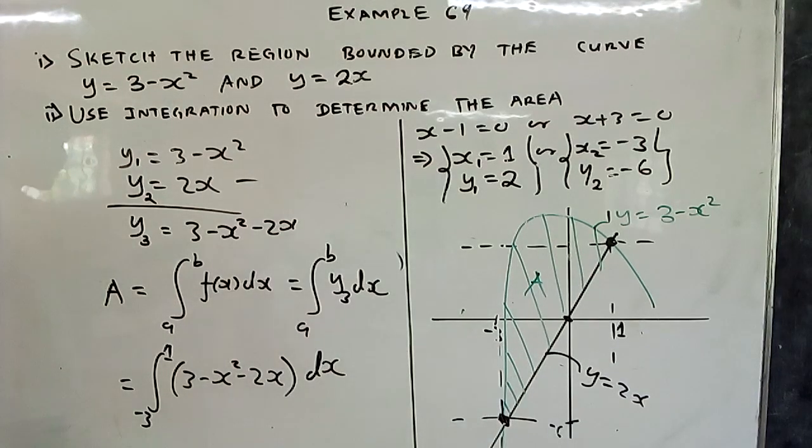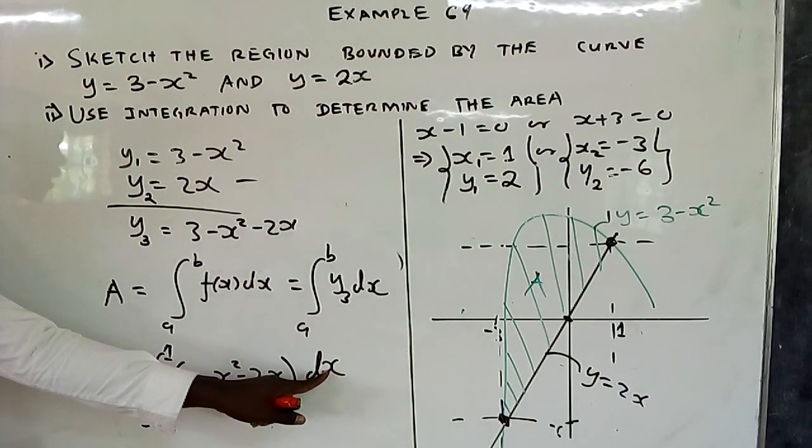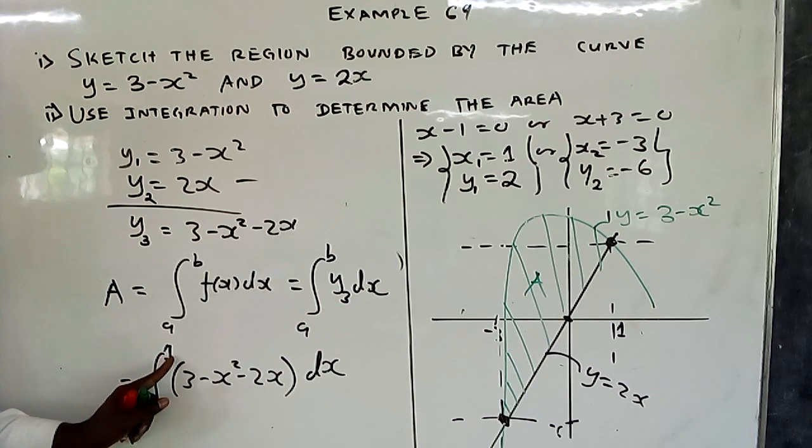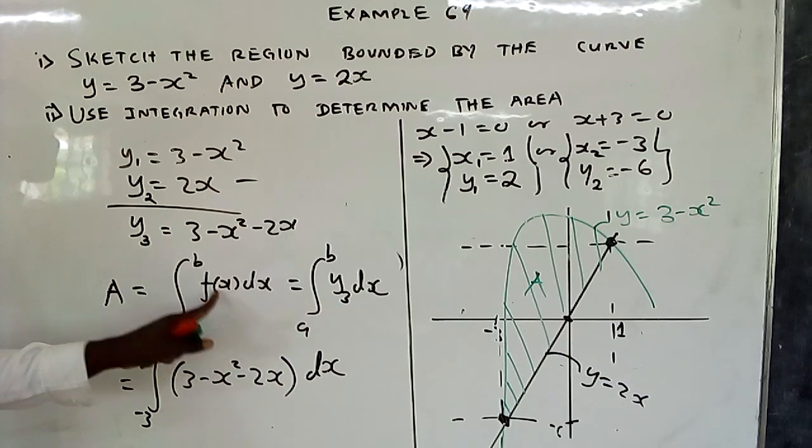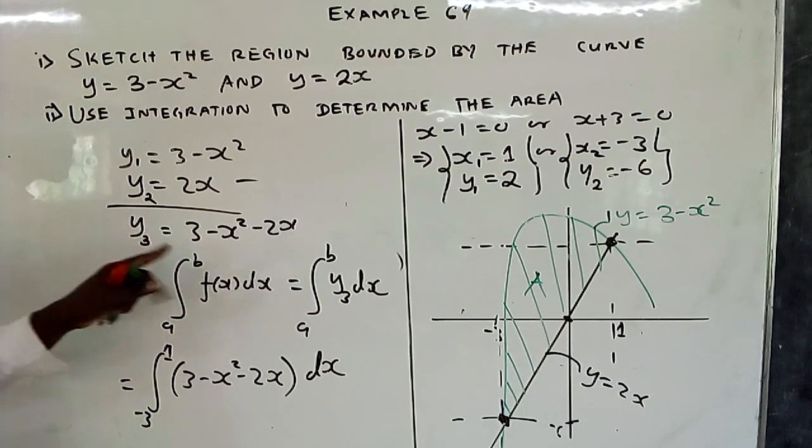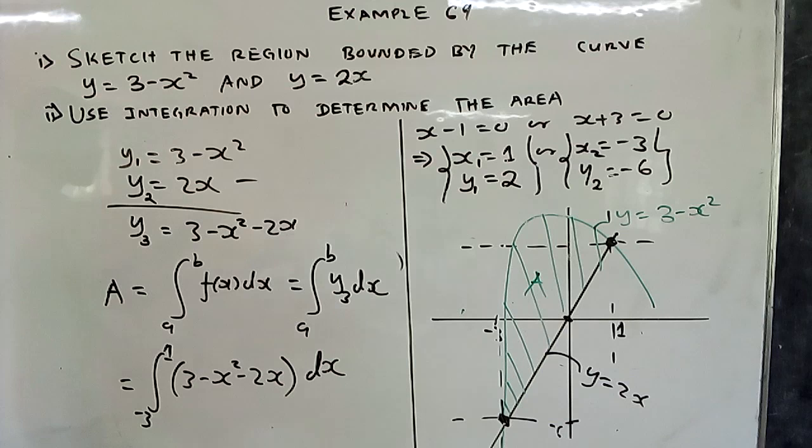Have you seen what I've done? You are integrating with respect to x, meaning your limits must be the limits for x. The area is f(x) dx, and your f(x) is y3. It is the curve defining the region bounded by those two curves. Are we together?